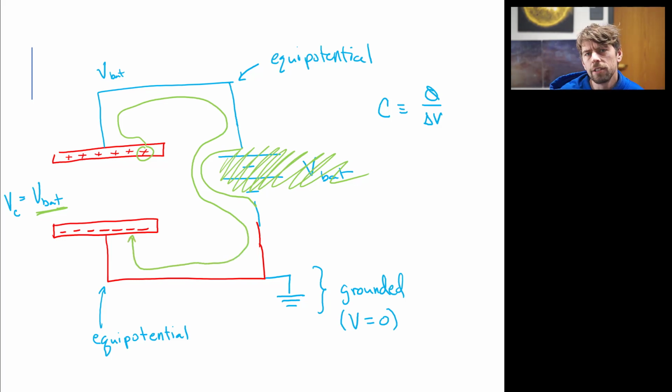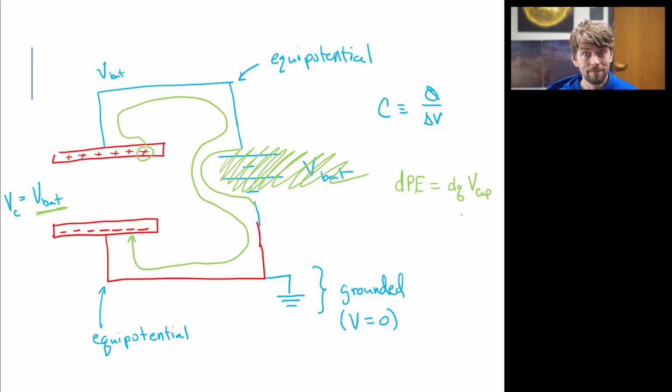Now you can imagine when this charge moves all the way through that potential and releases a small amount of potential energy, it's equal to the small charge that moved times the potential difference of the capacitor.